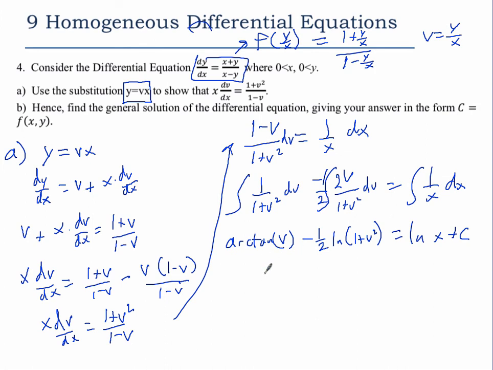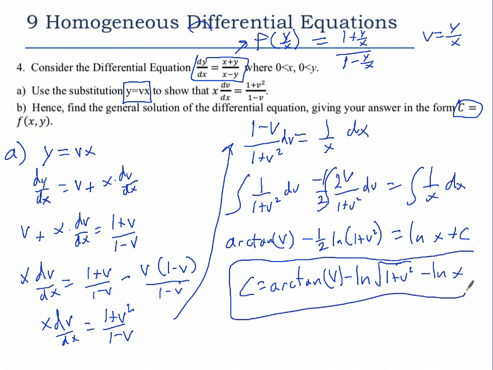And we want to write it in terms of c, so I guess we could just say c equals arctan v minus, and I can bring the half in here as an exponent, so it's ln root 1 plus v squared, minus ln x. That is your general form of the solution.